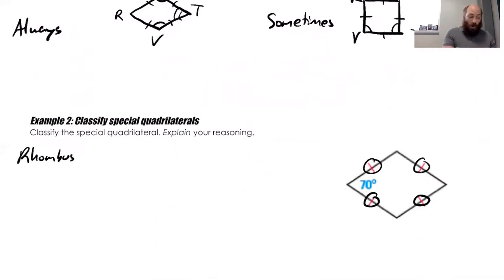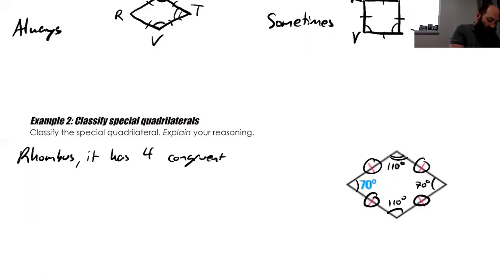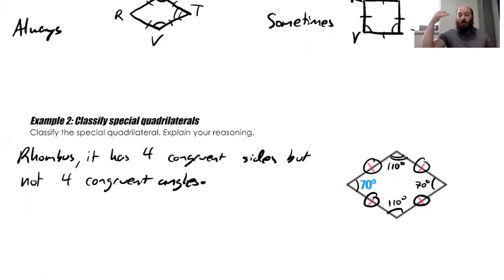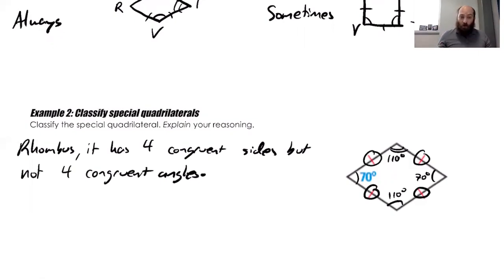Since a rhombus is a parallelogram, this is 70 here, this has to be 110 because those are supplementary angles. This is 70 here, and then this is also 110. So I don't have four congruent angles. So if I want to explain my reasoning, it's a rhombus. It has four congruent sides, but not four congruent angles. Okay, I can show that it's a rhombus. I can't go any further to show it's a square.